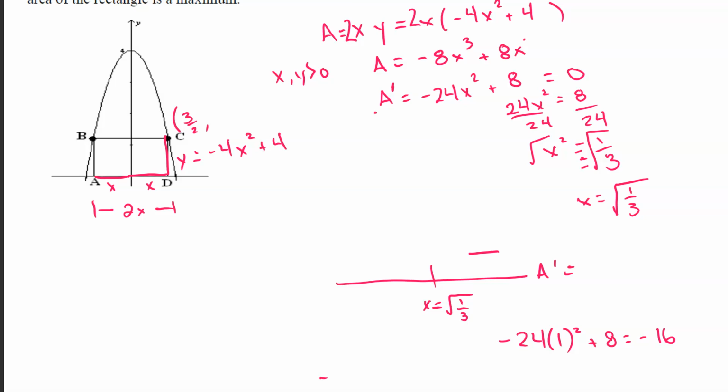And then a value that's smaller than square root of 1/3. So square root 1/3 is about 0.57. So we can use a half.